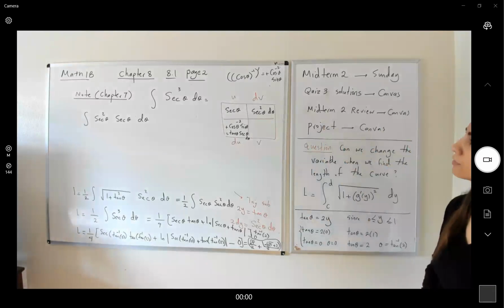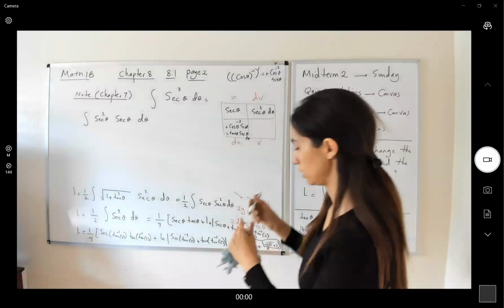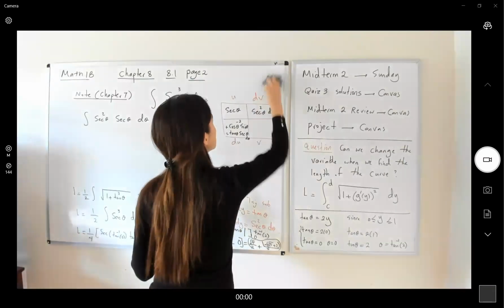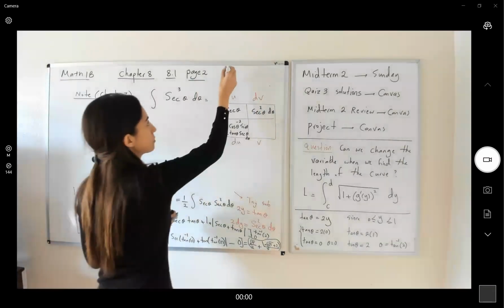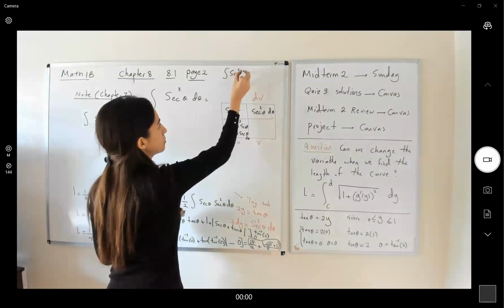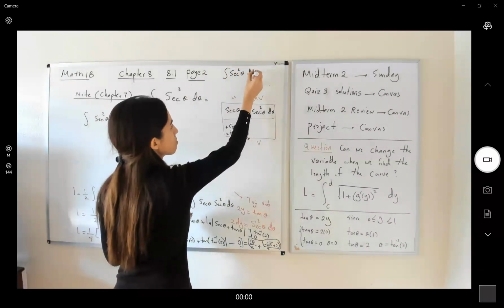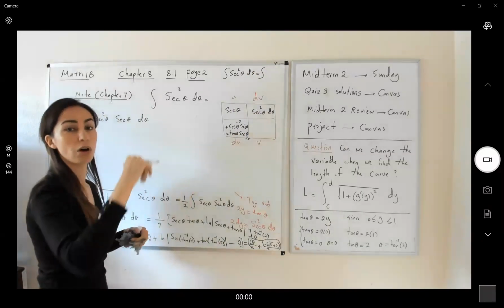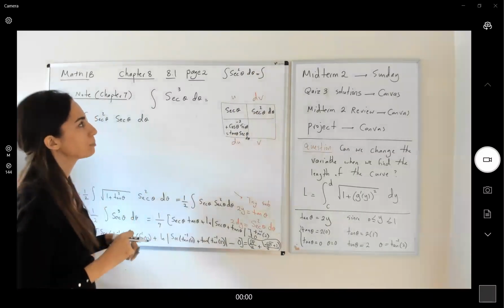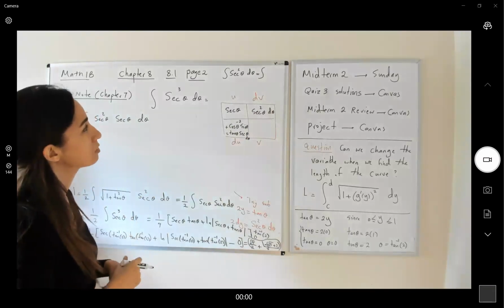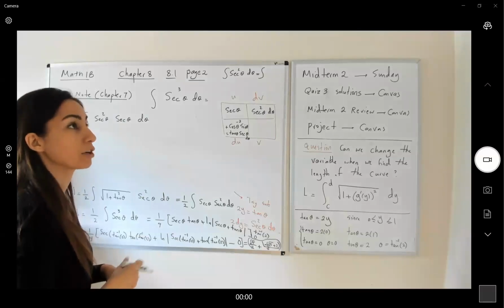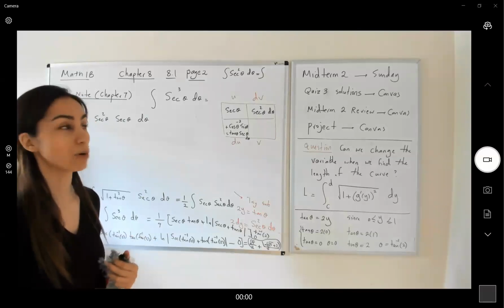And the integral of secant squared. The integral of secant squared is equal to 1 over cosine squared. So here you have 1 over cosine squared. It means that we can write this as sine squared plus cosine squared divided by cosine squared, so you get tangent squared plus 1.